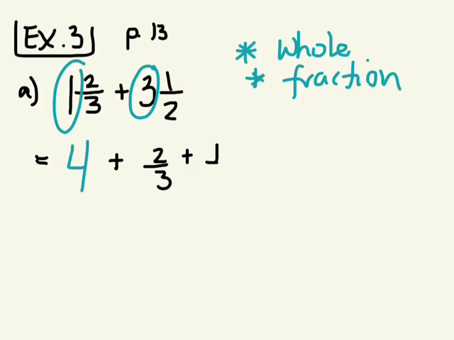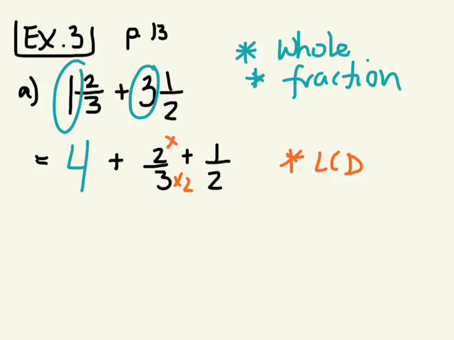2/3 and 1/2. What are we going to do here to add 2/3 and 1/2? Yep. Yeah, we need to find a common denominator. So we need to find the lowest common denominator, which is what? 6. So 3 times 2 is 6.